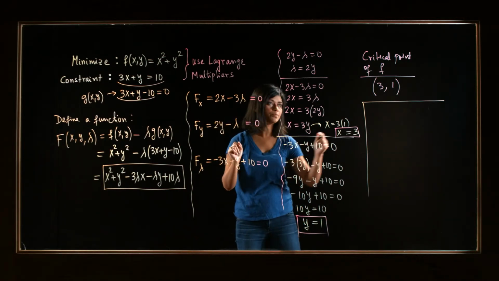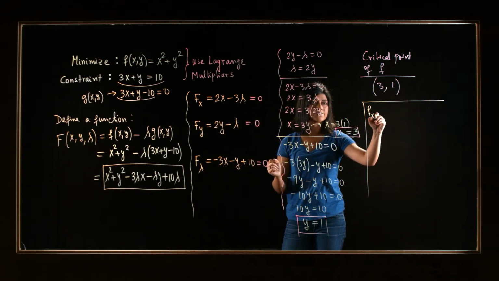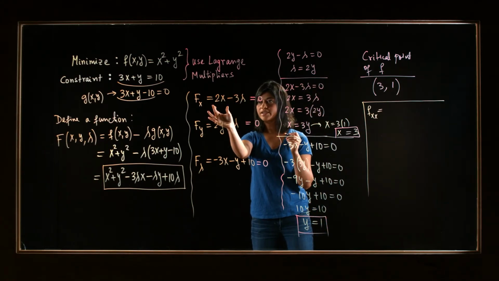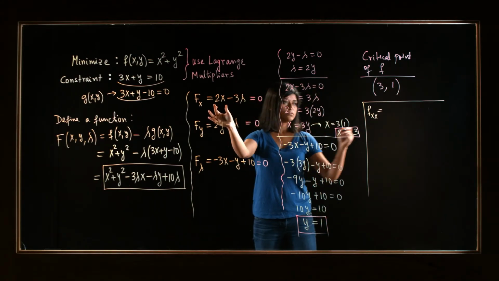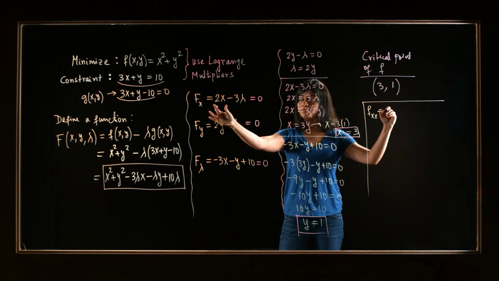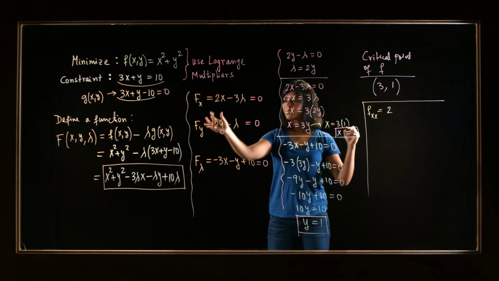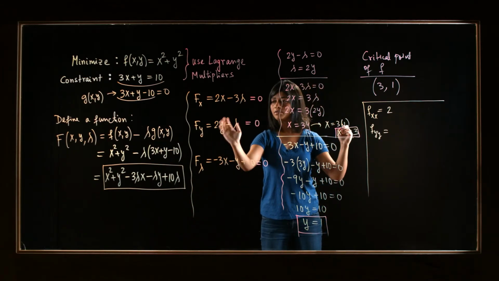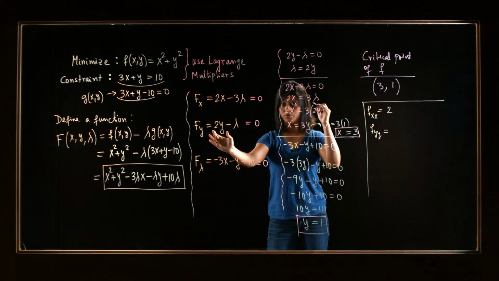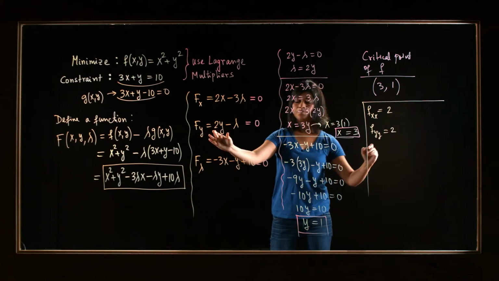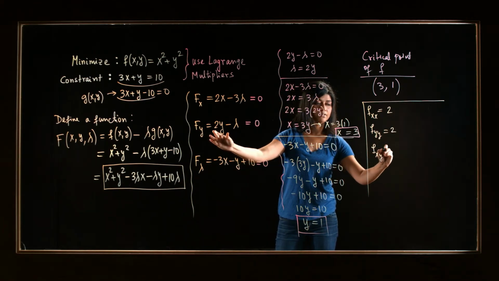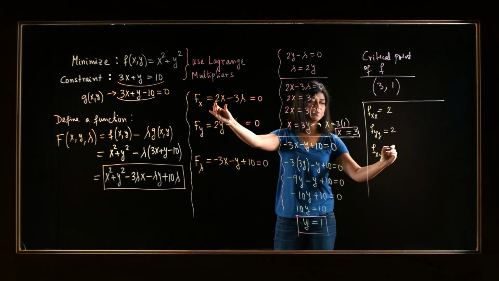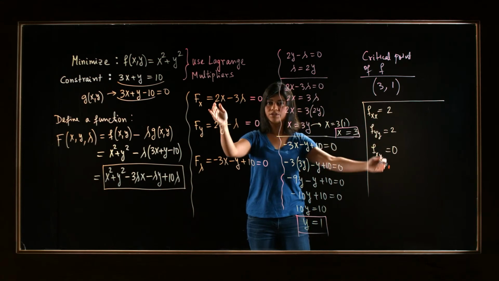So we can easily compute fxx. So we just ignore the lambda portion. So fxx is going to be the derivative of 2x, so it's 2. Fyy, again you ignore the lambda, so the derivative of 2y with respect to y will be 2. And fxy, so you take 2x and take the partial with respect to y, and that will be 0. So you can easily compute these three.